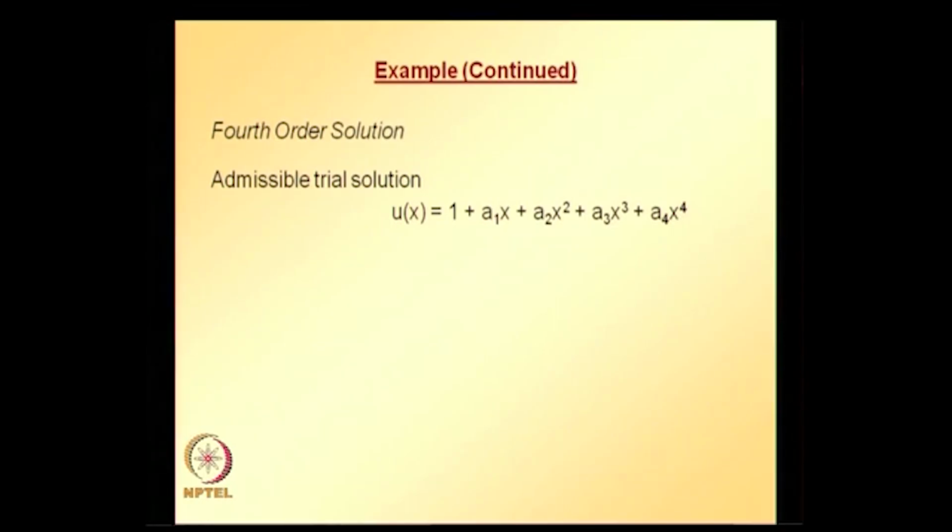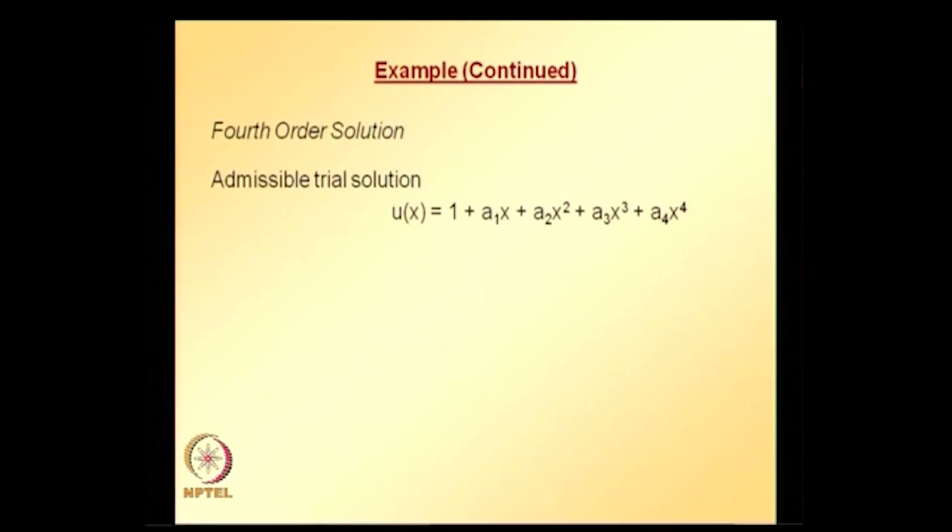Here we decided to go with a 4th order polynomial, that is u is equal to a0 plus a1x plus a2x square plus a3x cube plus a4x power 4. When you substitute the essential boundary condition, u evaluated at x is equal to 0 is 1, sorry, that results in a0 is equal to 1. Then substituting a0 is equal to 1, you get the admissible 4th order trial solution.